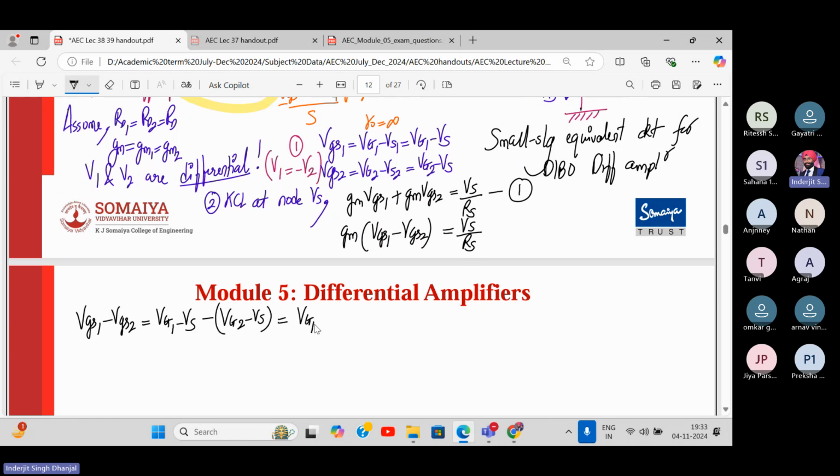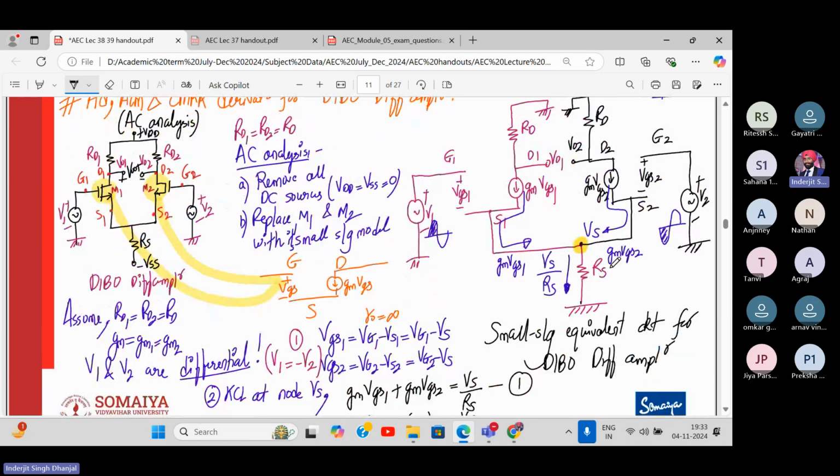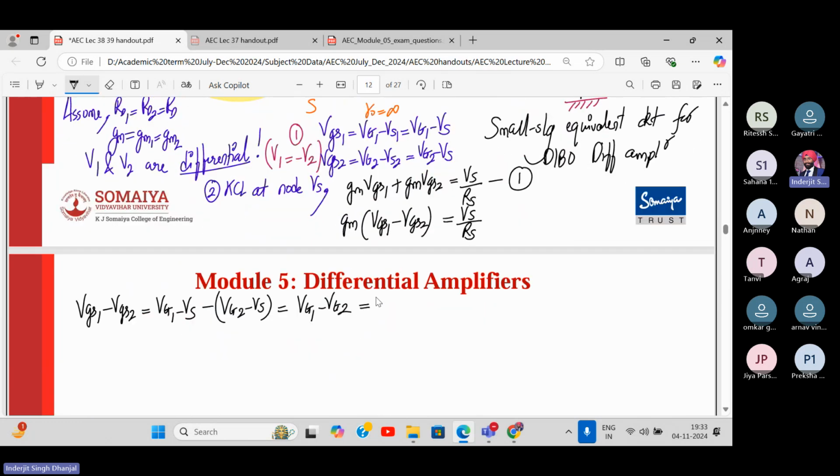It is VG1 minus VG2. And what is VG1 actually? Gate voltage is nothing but V1. So VG1 is actually V1 and VG2 is actually V2, correct? So we can write it's V1 minus V2.